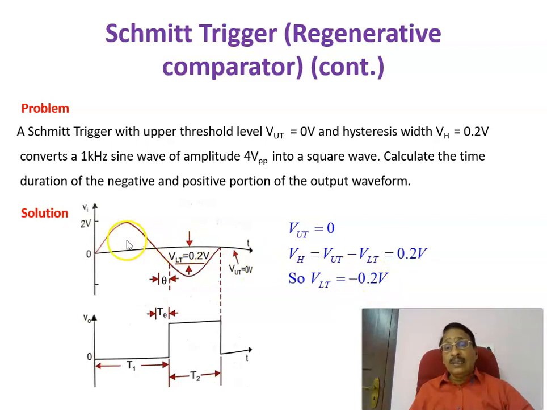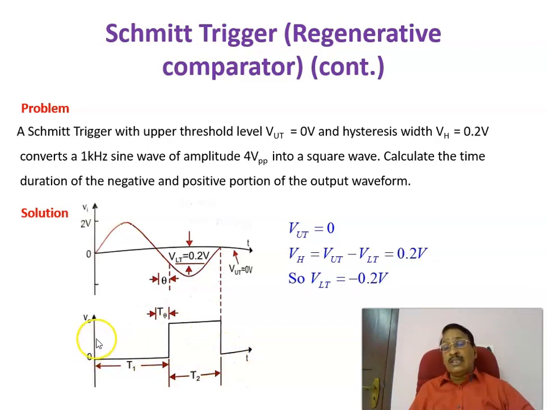If the input voltage is lower than the reference voltage of minus 0.2 volt, then the output changes from the lower level to the high level. That transition takes place and continues until the input voltage crosses the VUT, which is given as 0. Once it crosses VUT, the output changes again to minus Vsat, or in this case 0. So the ground voltage is written.